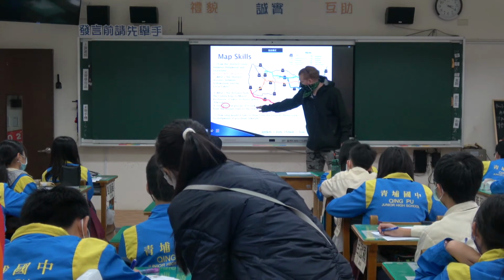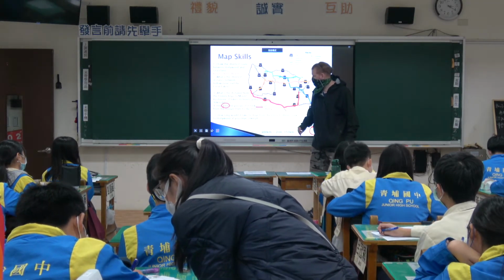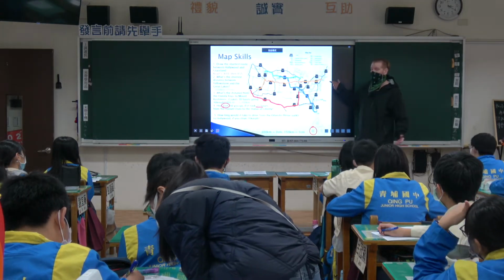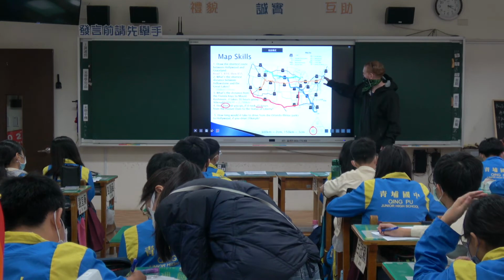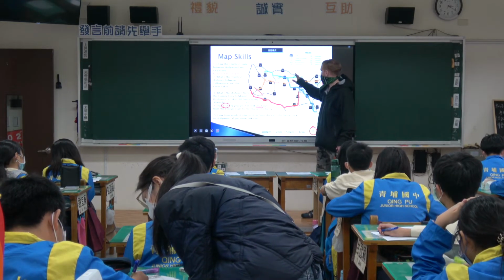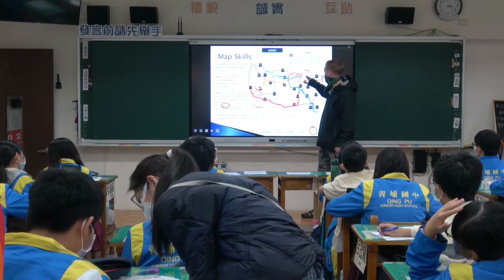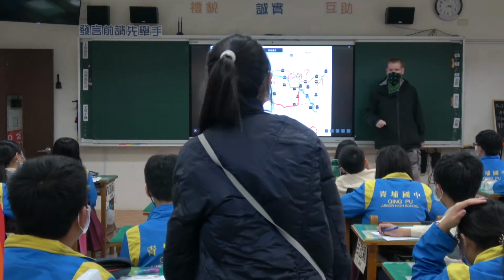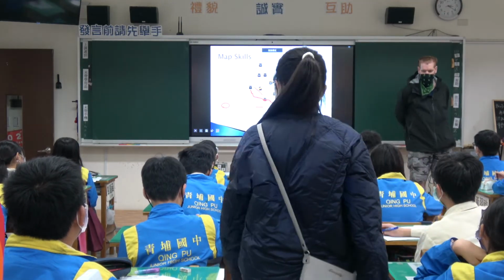We know the time. The time is 25. But we don't know the distance. So on your maps, measure how many cm from here to here. So measure how many cm.